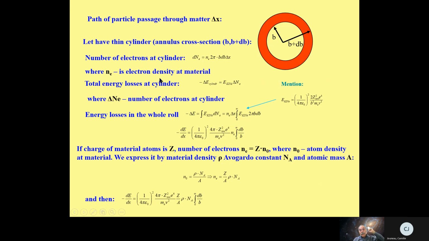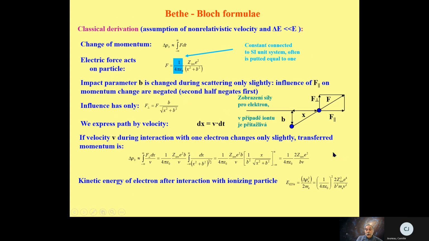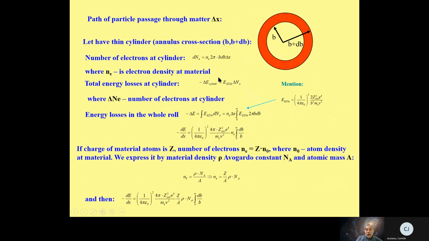Okay. The total energy loss in this cylinder will be the kinetic energy, which we already calculated for this given impact parameter b, times the number of electrons in the cylinder.